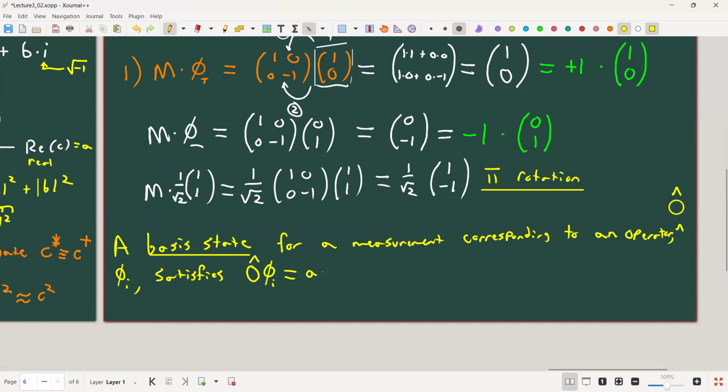We'll call it A times phi I, where A is a real number. And it turns out, as we'll see later on, it has to be a real number.